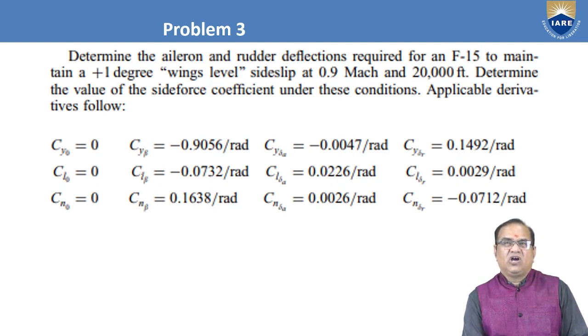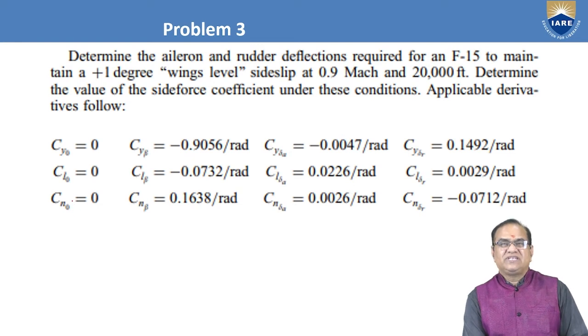This is for the coefficient of the rolling moment, Cl beta, minus 0.0732 per radian. Cl delta A is 0.0226 per radian. Cl delta R is 0.0029 per radian.